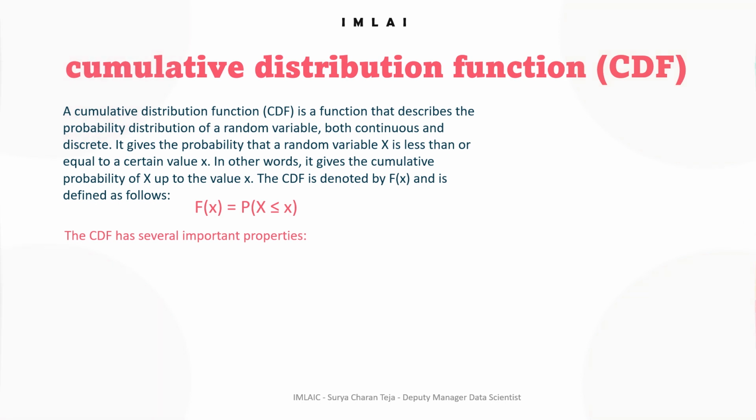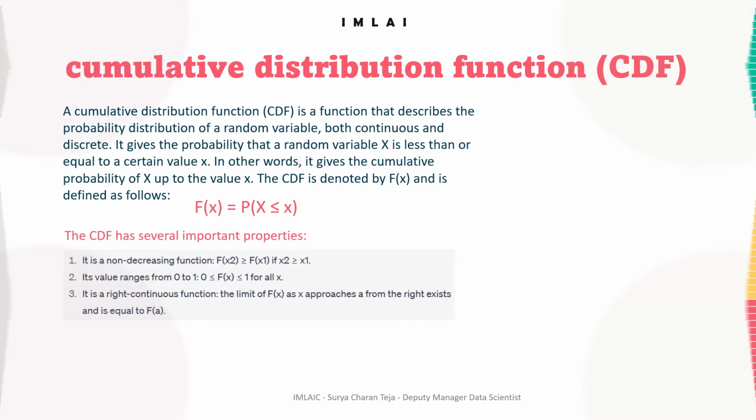So the CDF has several properties. The CDF is a non-decreasing function, which means F of x2 is greater than or equal to F of x1 if x2 is greater than or equal to x1. And similarly, F of x1 is less than or equal to F of x2 whenever x1 is less than or equal to x2.